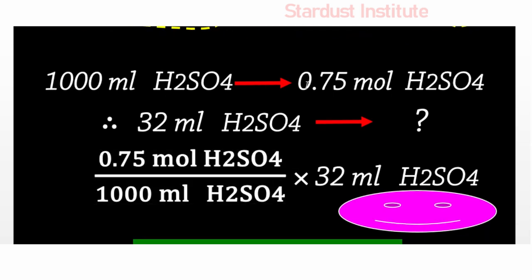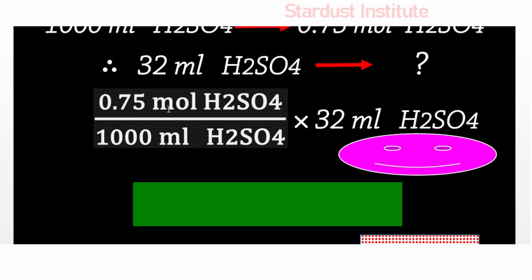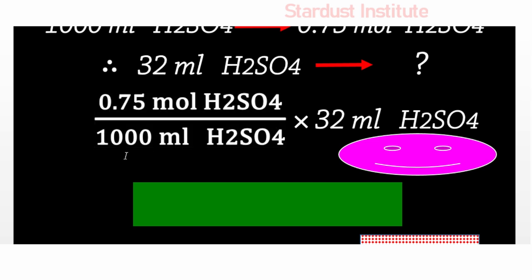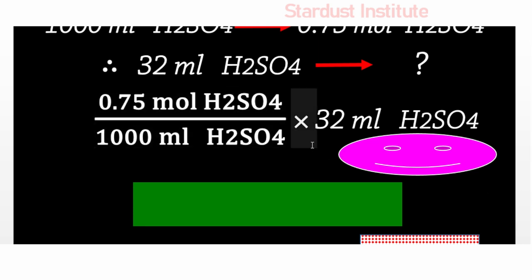We can find it in this way: 0.75 moles of H2SO4 divided by 1000 milliliters of H2SO4 multiplied by 32 milliliters of H2SO4.